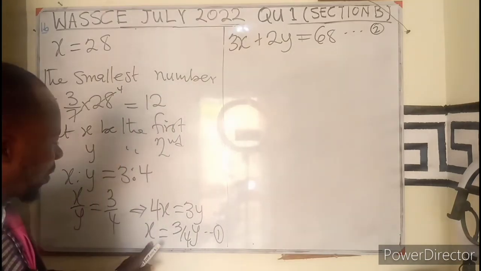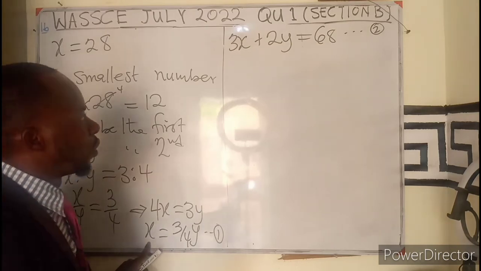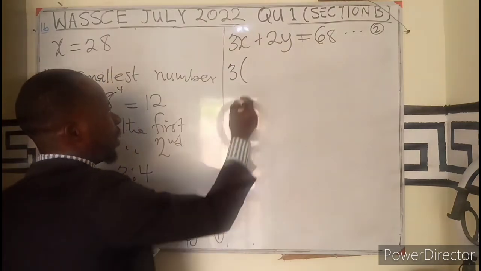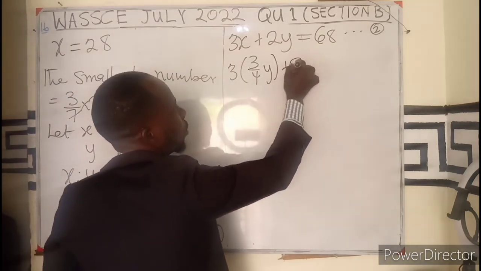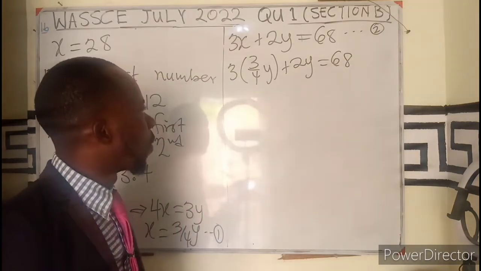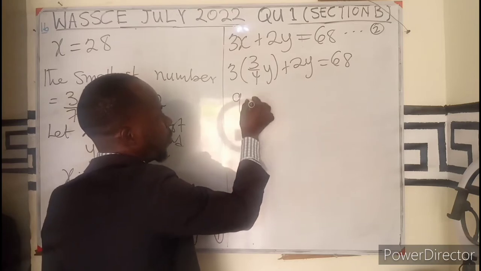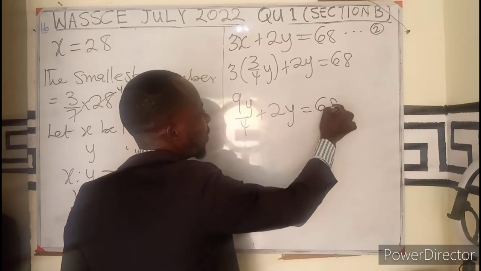You can see that we can put equation 1 into equation 2. So by substitution, I'll have 3 times 3/4 y plus 2y equals 68. I can multiply this to have 9y/4 plus 2y equals 68.